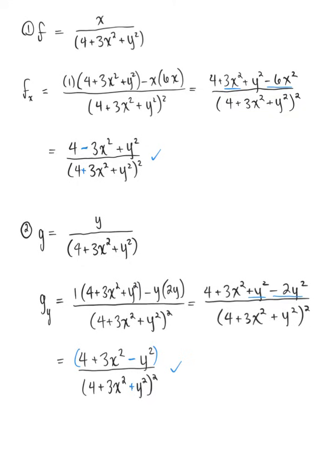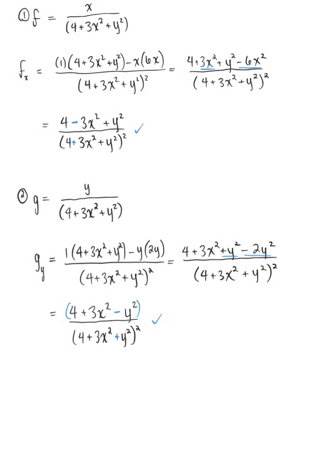Last but not least here, we want to find the partial derivative for the h component with respect to z. So our h component is z, and that's all still divided by 4 plus 3x squared plus y squared. And what's nice here, again, we want to find the partial derivative of h with respect to z.